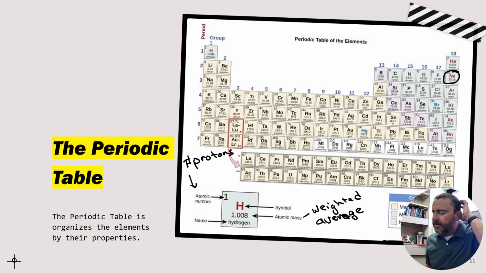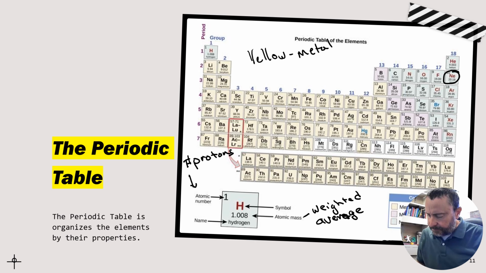We also notice from our periodic table there are some other things. We're going to go over the periodic table a lot, but right down there on the right, all the ones in yellow are metals. All the ones in green are non-metals.